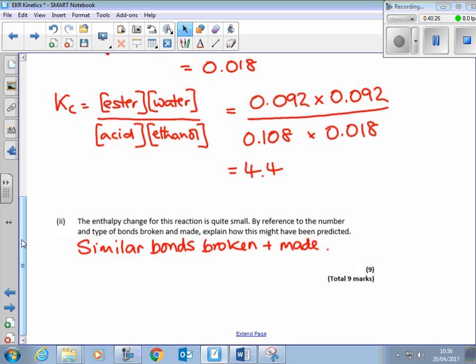There are two, four, five sides in this. And it asks a little bit more explanation about the effect of changing conditions, applying Le Chatelier really.